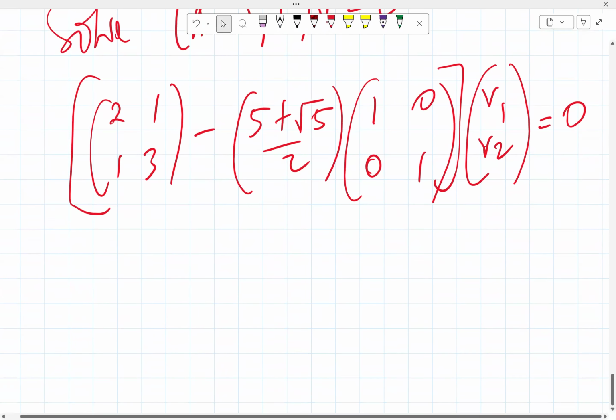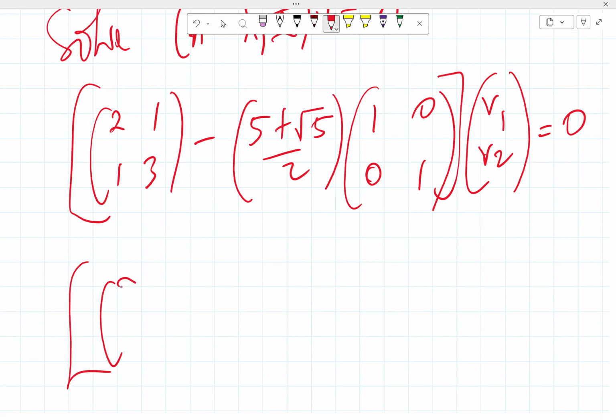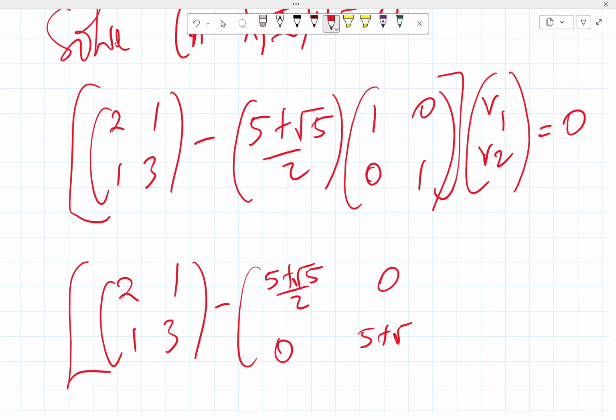If we tidy this up, we have 2, 1, 1, 3 minus 5 plus root 5 all over 2, 0, 0, 5 plus root 5 all over 2. Okay, this is more like it. So V1, V2, and that is equal to 0.